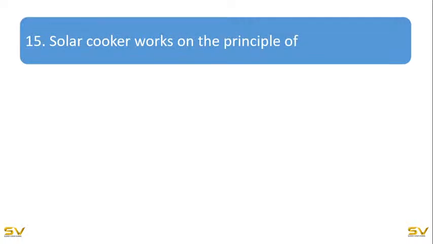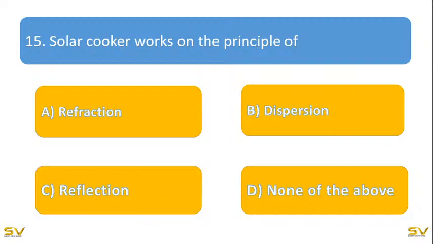So now coming to the next question. Solar cooker works on the principle of. So you all know about solar cooker. It works on the principle of refraction, dispersion, reflection, none of the above.